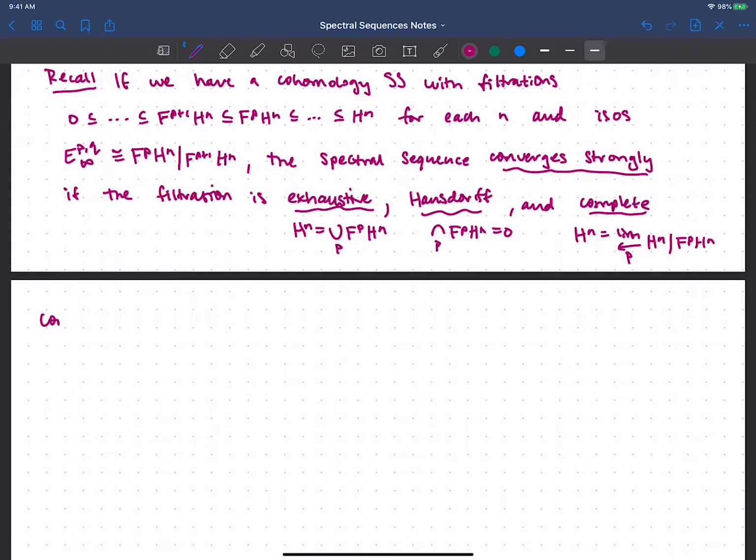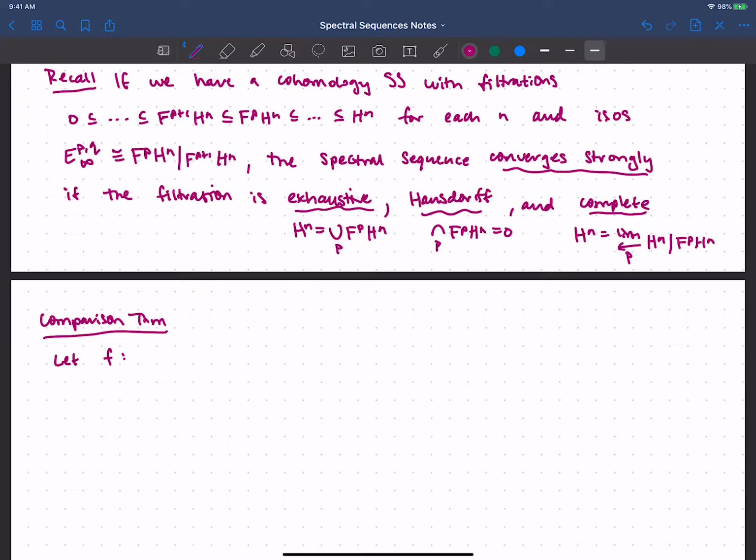I think this is actually called the comparison theorem in Weibel, though I may have changed the wording ever so slightly. So this is going to tell us how spectral sequences compare, not just if we have an isomorphism at some point, then it's an isomorphism forevermore, but also about what we're converging to.